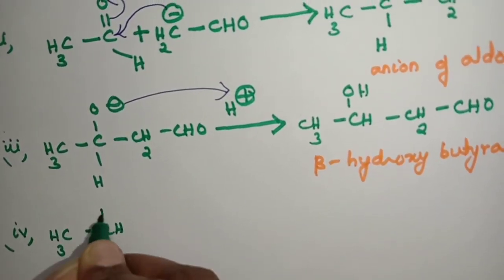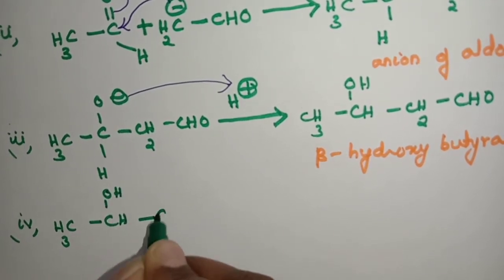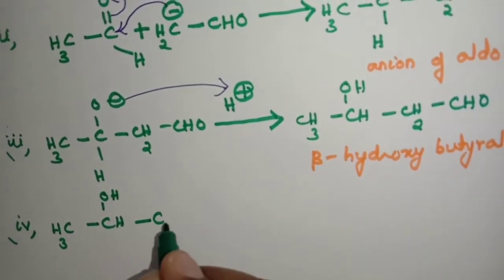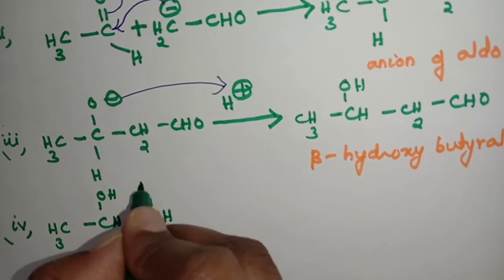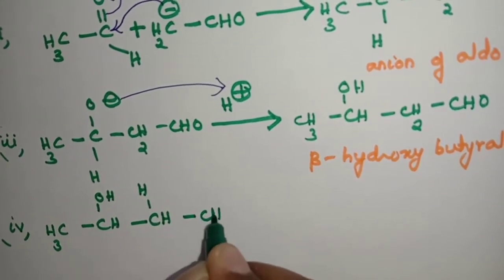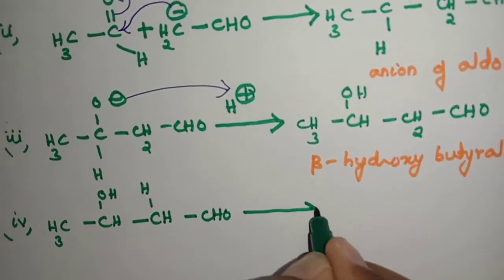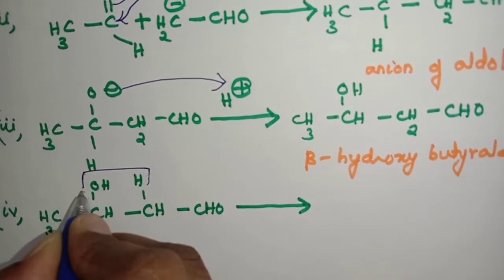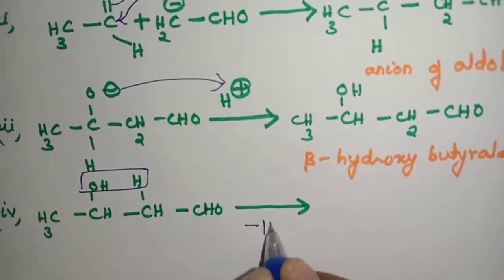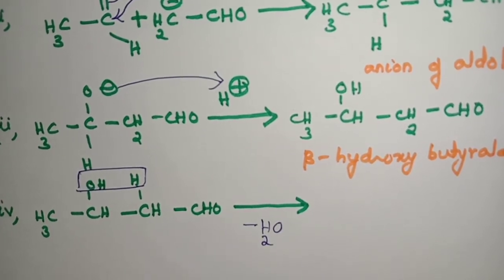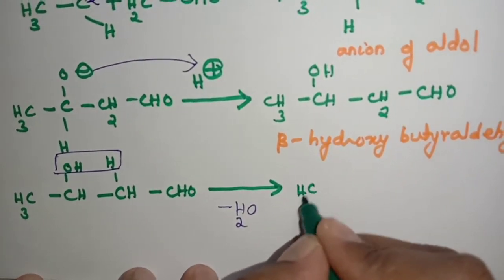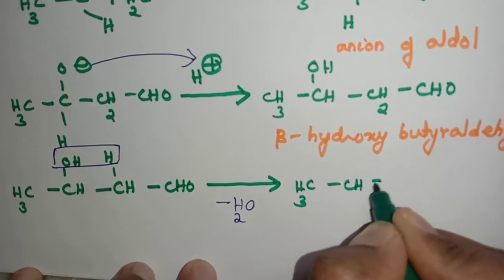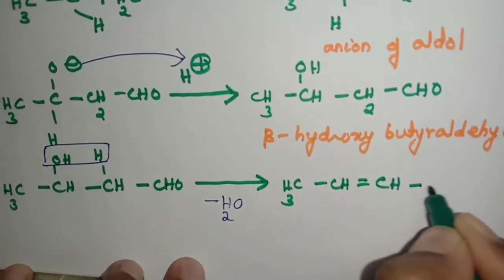CH3, CH, OH. Next is CH2. So one hydrogen, write it separately, CHO. So what happens? This OH and H comes out as minus H2O, forming CH3, CH double bond CH, CHO.